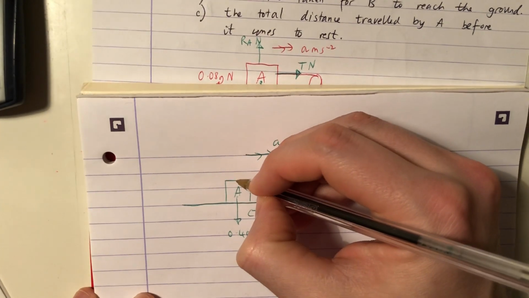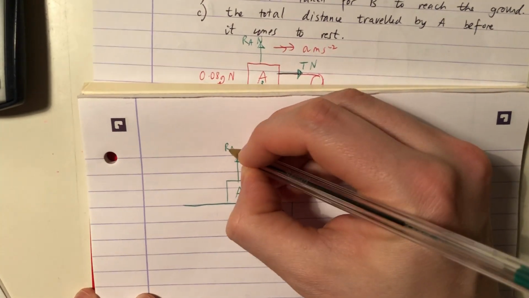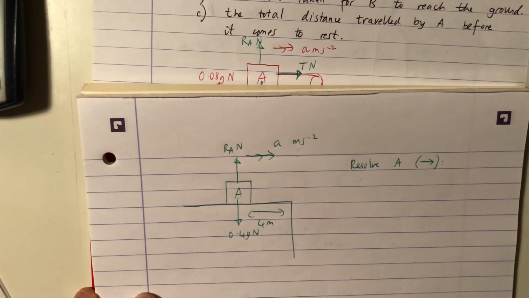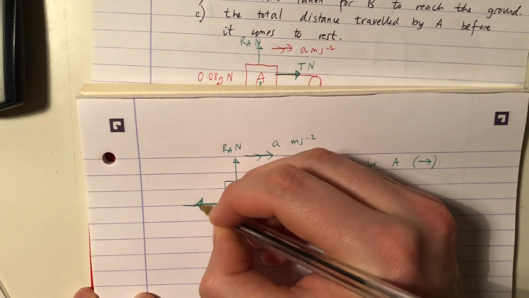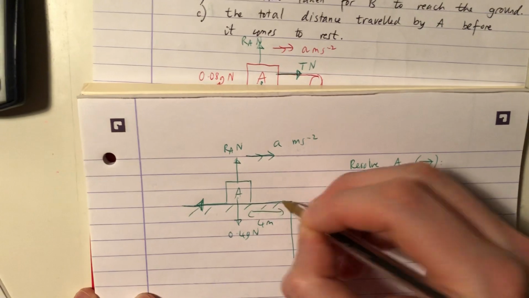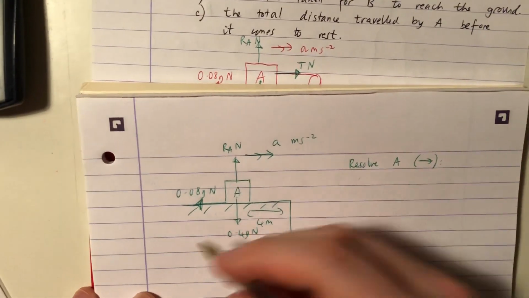It's got a reaction force, RA, and it's got friction resisting it because it's a rough surface, 0.08 G newtons, but no tension.